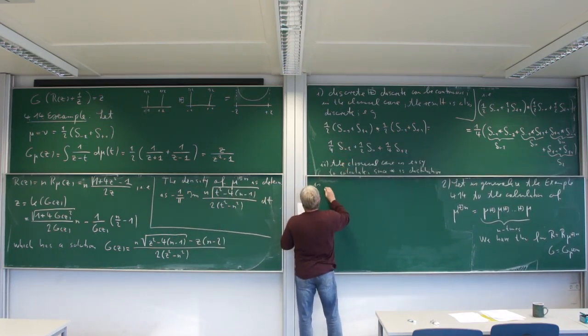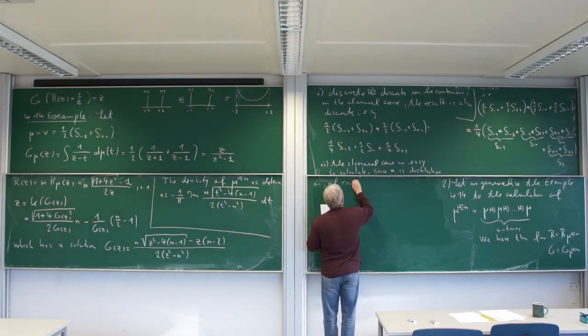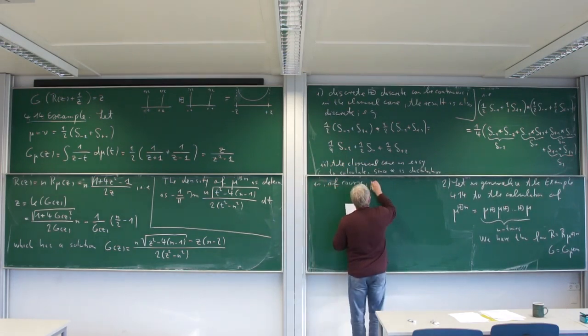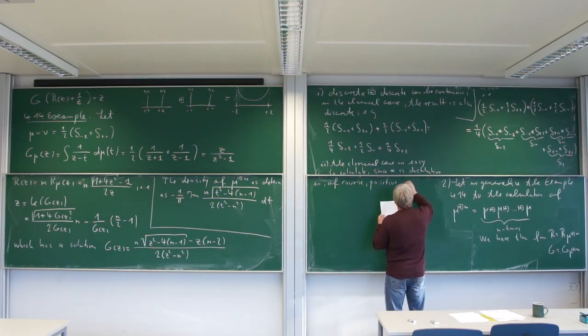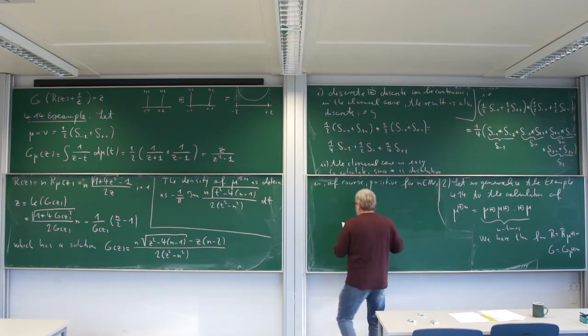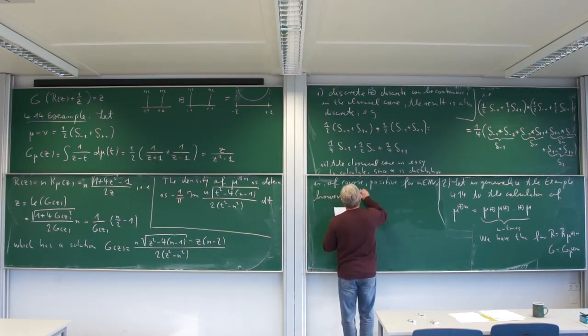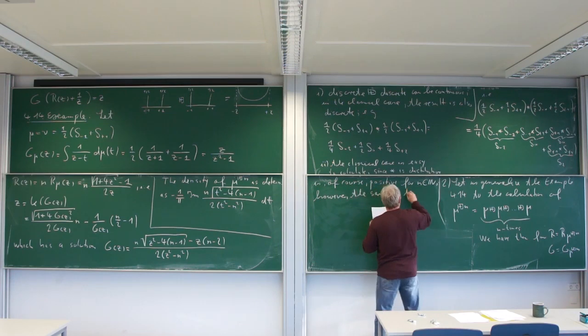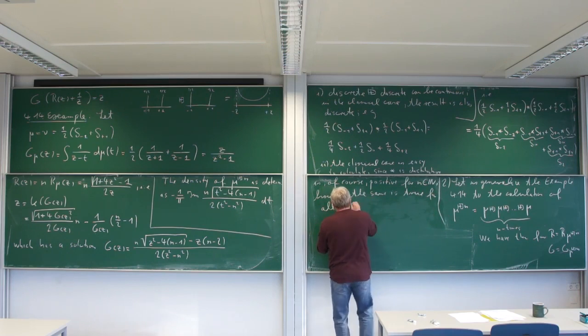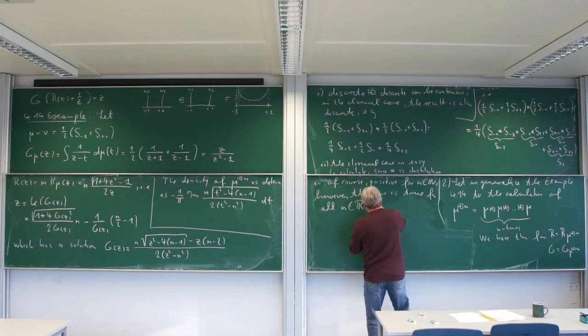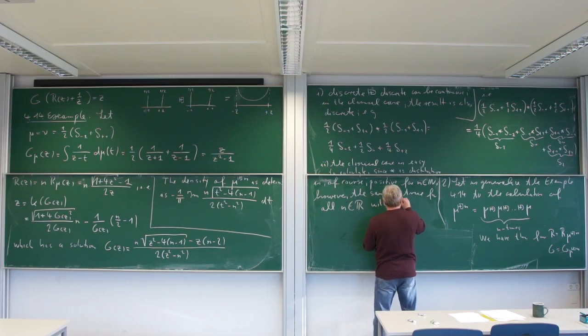So let me just say this now. The clear statement is that, of course, for integer n, this is a probability distribution. But, and that's a surprising thing, however, the same is true for all real numbers n as soon as n is greater or equal to 1.